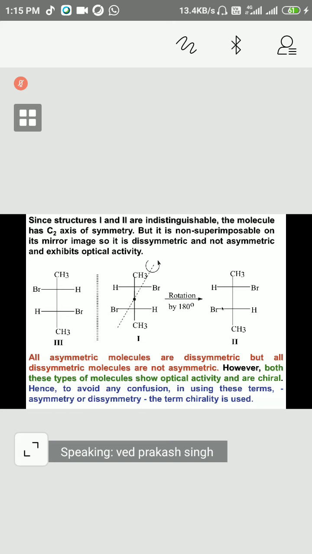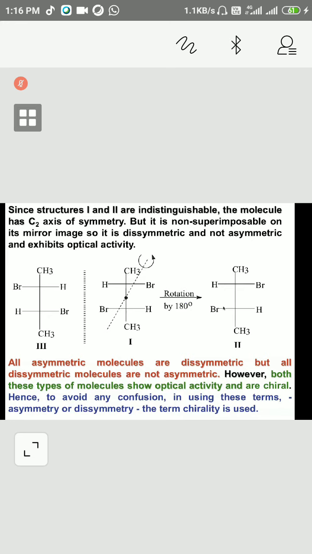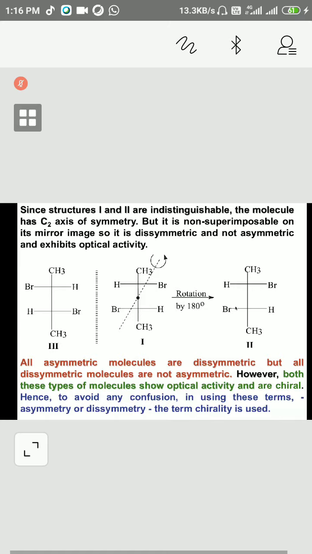So this is a C2 axis of symmetry, but it is not superimposable on its mirror image. So it is disymmetric and not asymmetric, and it exhibits optical activity. It means not only rotation and reflection, you have to check superimposability.